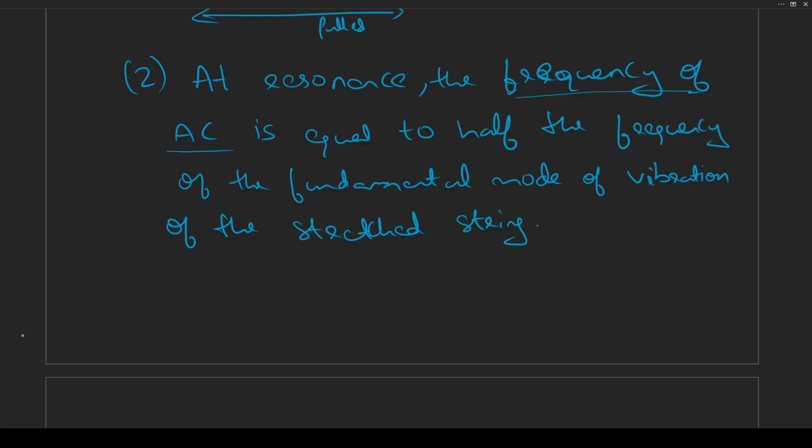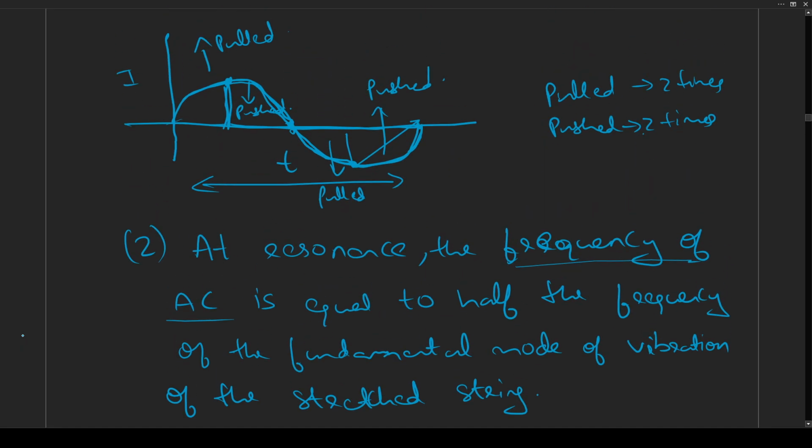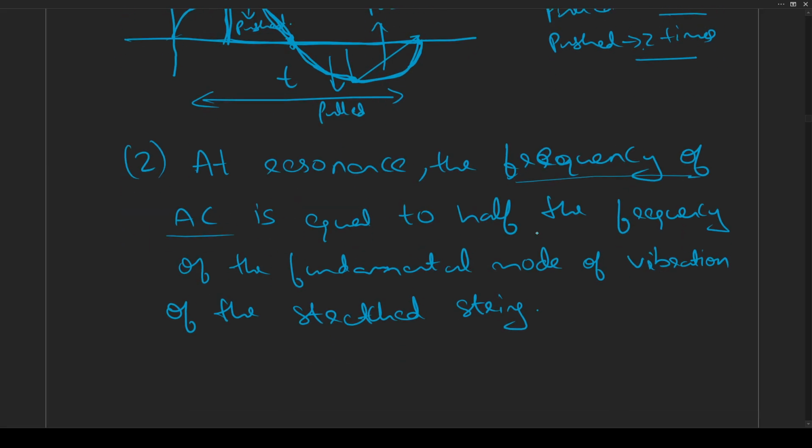The string is getting pulled and pushed two times in a single cycle, and we equate that to half the frequency of the fundamental mode of vibration of the stretched string.